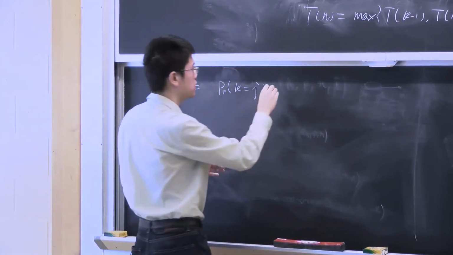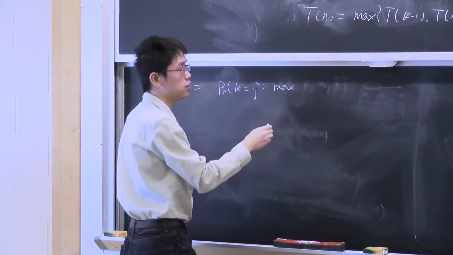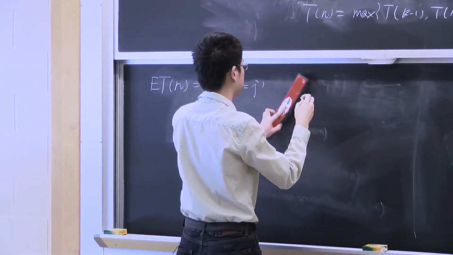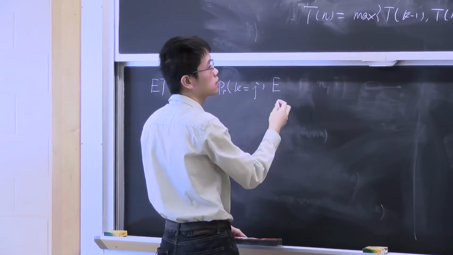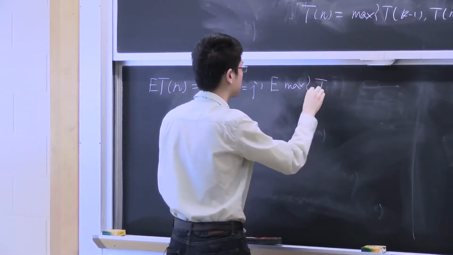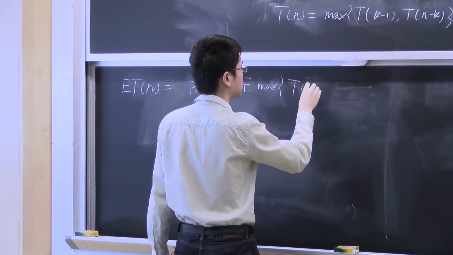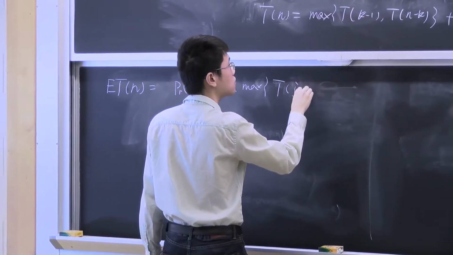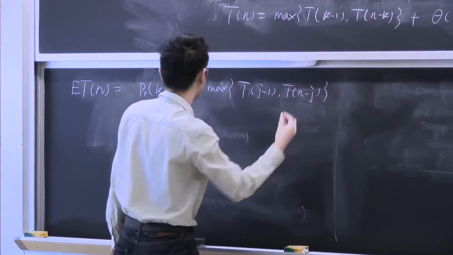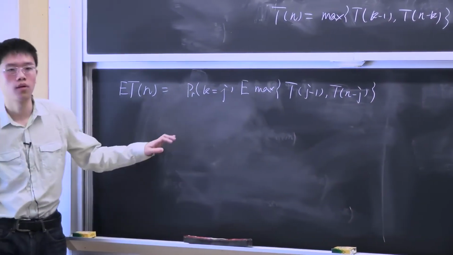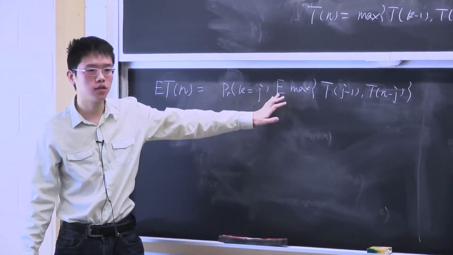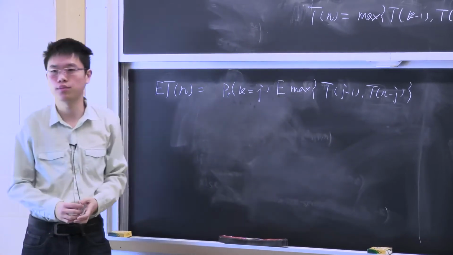If my k is equal to j, then I should take the expectation of the maximum between those two.